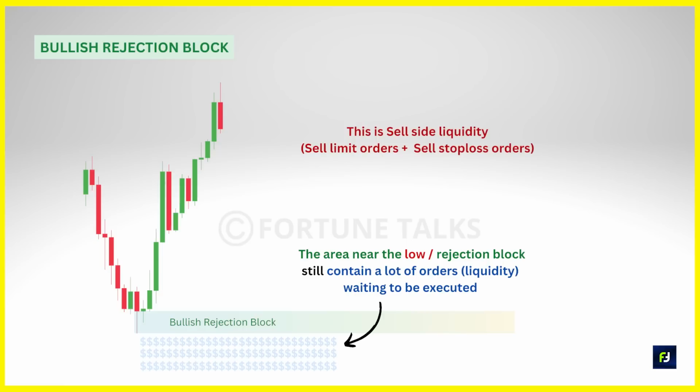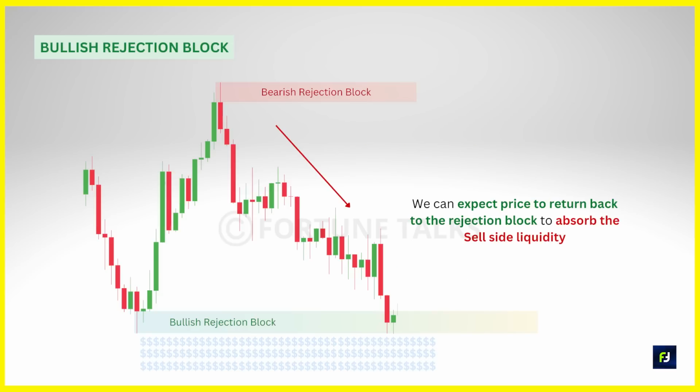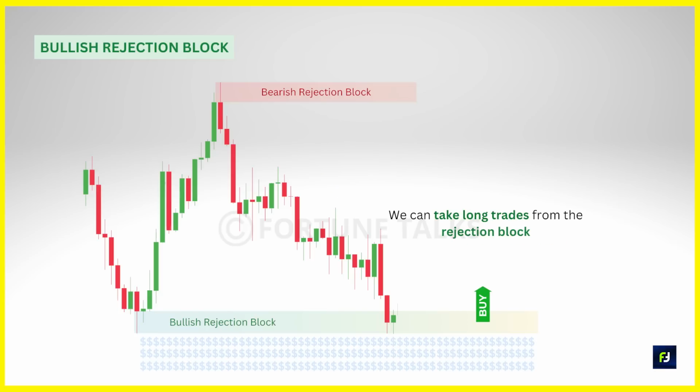These include a cluster of sell stop loss orders and sell limit orders placed by those reversal traders who bought from the demand zone and those breakout traders waiting to sell below the support area. This is why we can expect the price to return back to this rejection block to absorb the sell side liquidity. So when the price comes back to test the rejection block, we can look to take long trade entries.